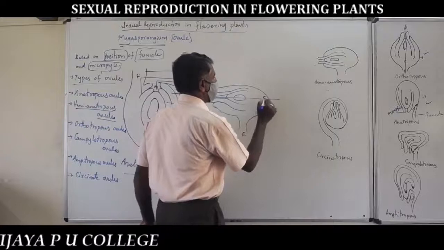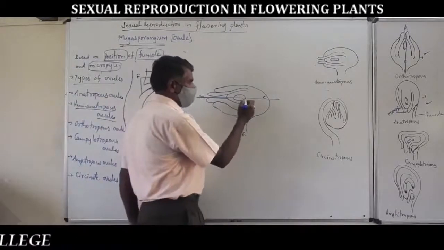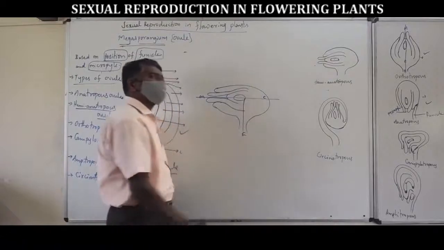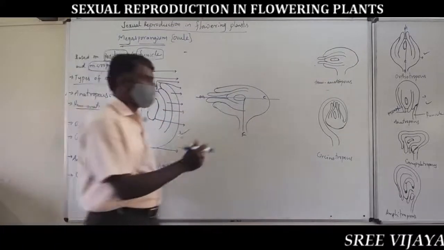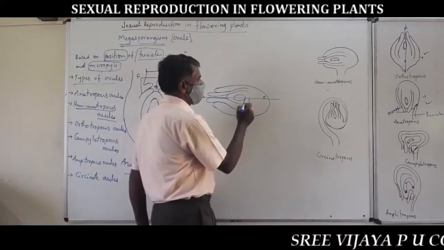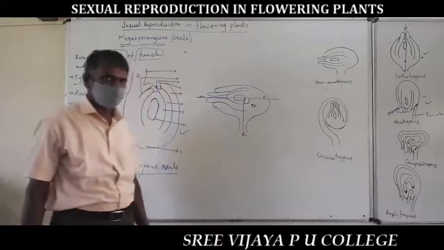The micropyle and chalaza are present in the same line, and the funicle lies perpendicular to this axis, so a right angle, a 90-degree angle, is formed here.